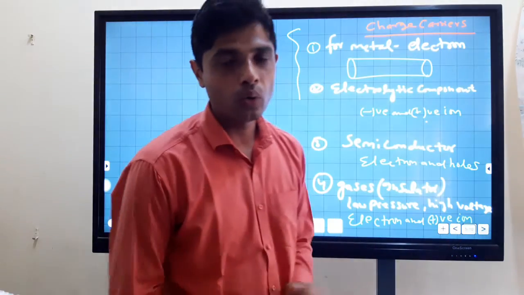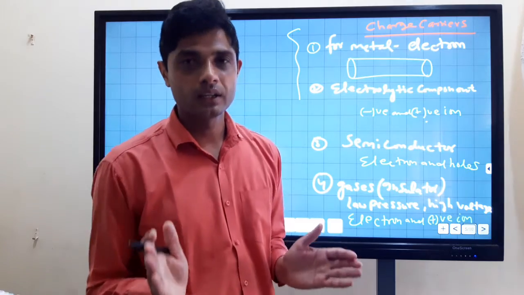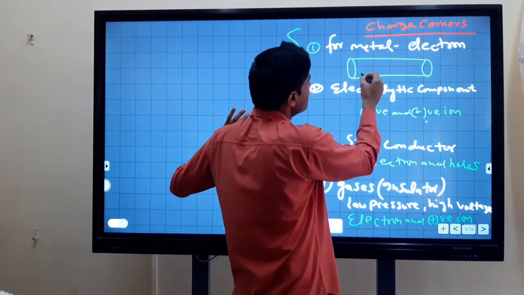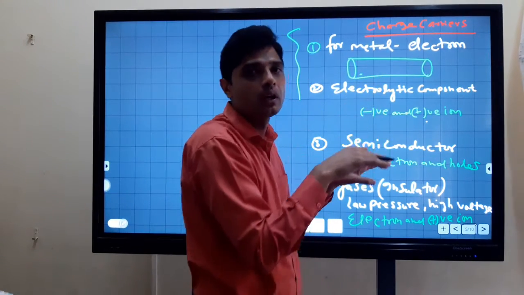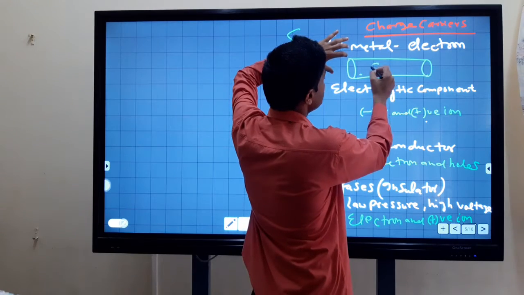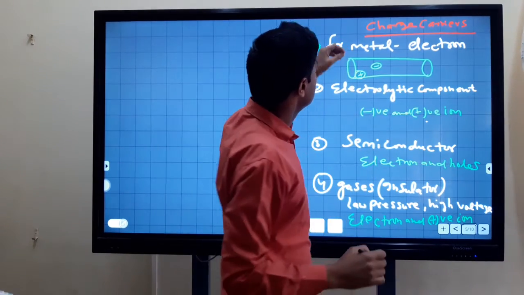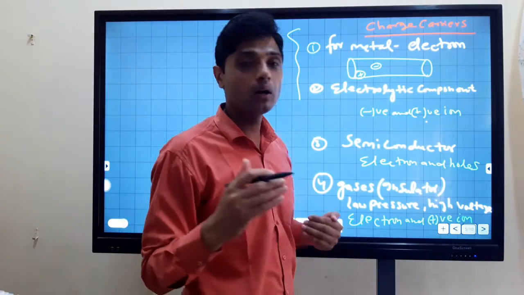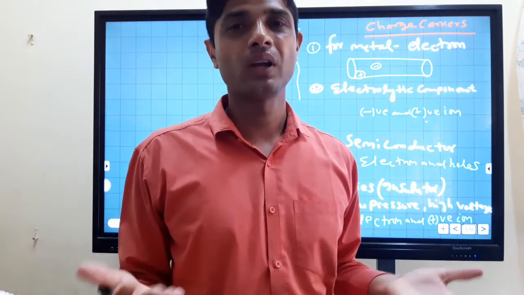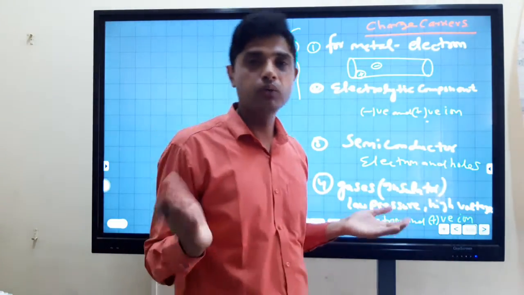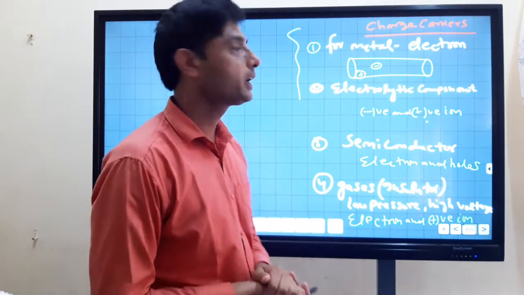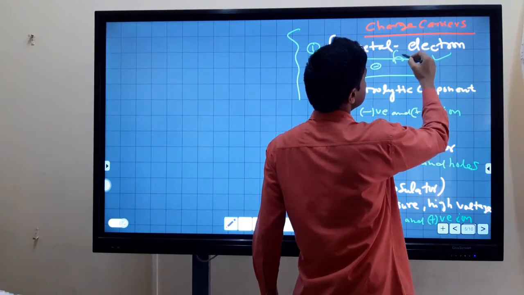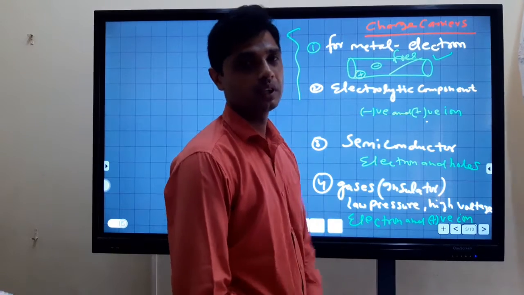So free electrons start to move at a small potential, but the positive charge carrier is too heavy with respect to free electron. It means the positive charge remains at rest, but free electrons start to move under the influence of a small electric field. So in metals only free electrons are free charge carriers.